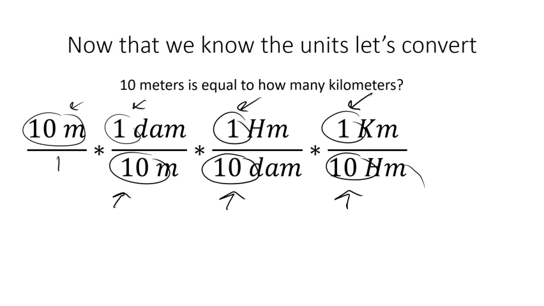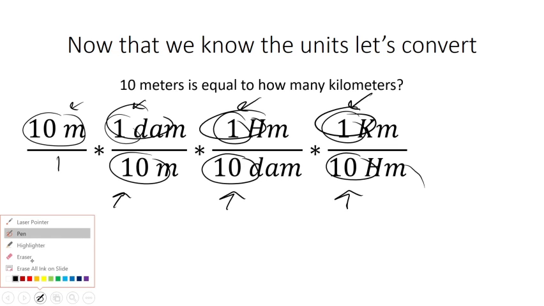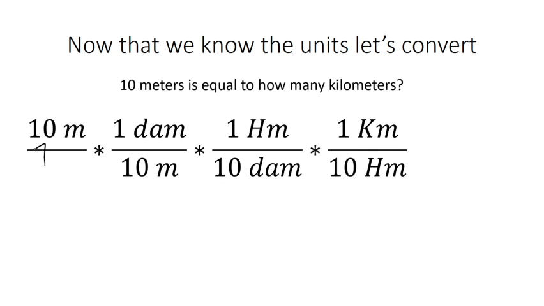The thing is, all these 1's up top, anything multiplied by 1 is itself, so we can just think about 10 divided by 10 divided by 10 divided by 10. That's going to give us 0.01.